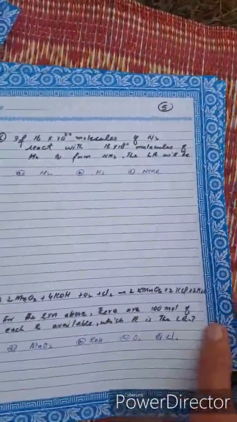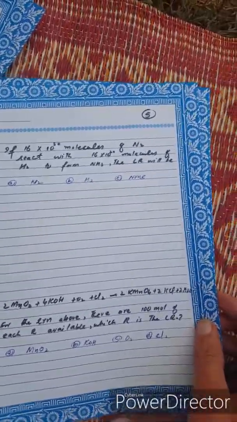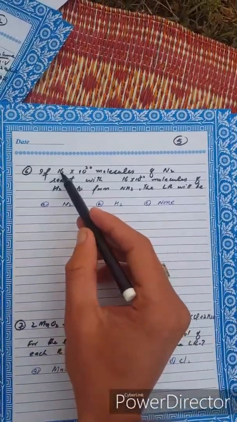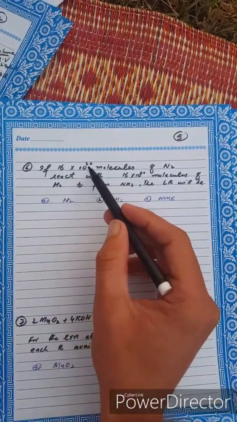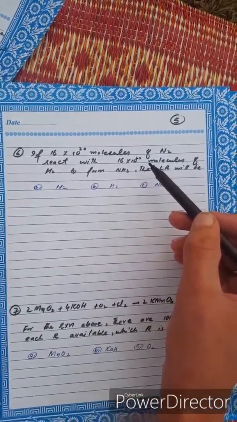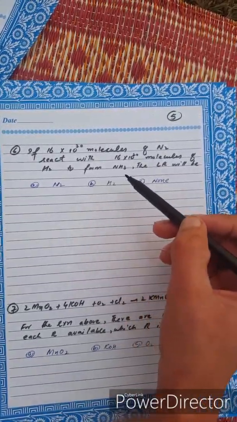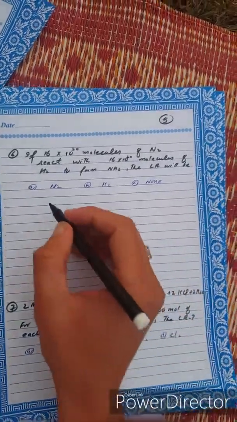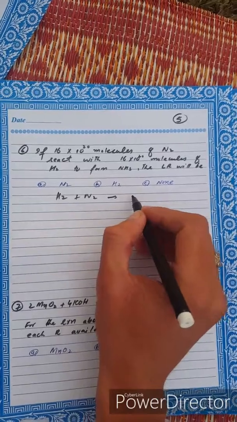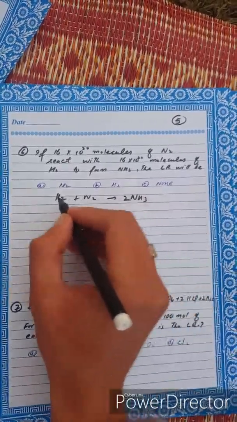Now let's come to the sixth example problem: if 16 multiplied by 10 to the power 20 molecules of nitrogen react with 16 cross 10 to the power 20 molecules of hydrogen to form NH3, the limiting reagent will be? First of all we should write the equation: hydrogen reacts with nitrogen, it gives us ammonia NH3. Balance it.